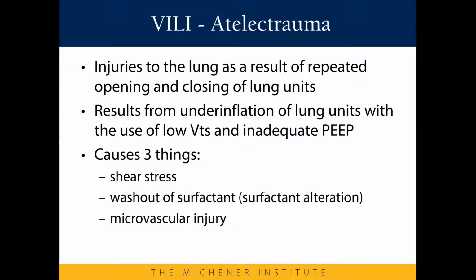So you get what we call a washout of surfactant. And so it alters our surfactant in that it decreases the amount, but we'll also discuss how it also alters the production of surfactant. And then we can cause injuries at the microvascular level. And so we will go on to talk about some of this.